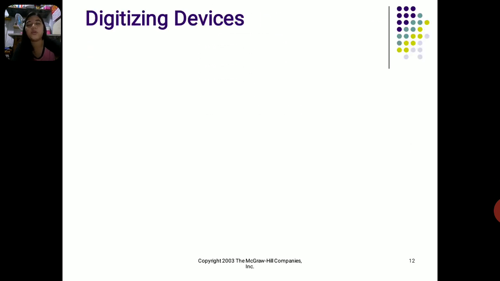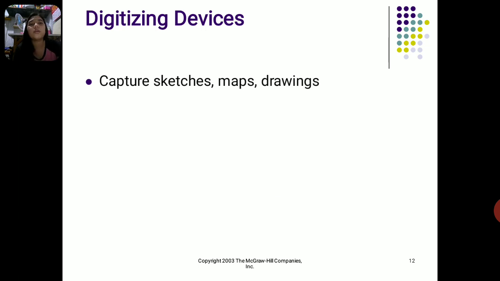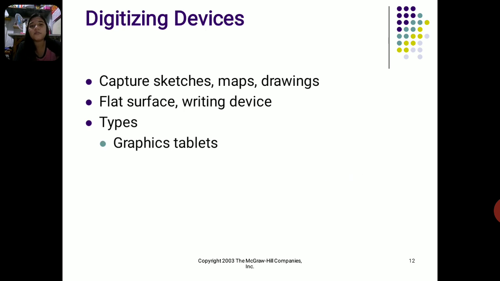So, next, we have the digitizing device. A digitizing device captures sketches, maps, and drawings, and it is used with flat surface writing device types. We have these types of digitizing devices: number 1, graphics tablets with a special tablet stylus.